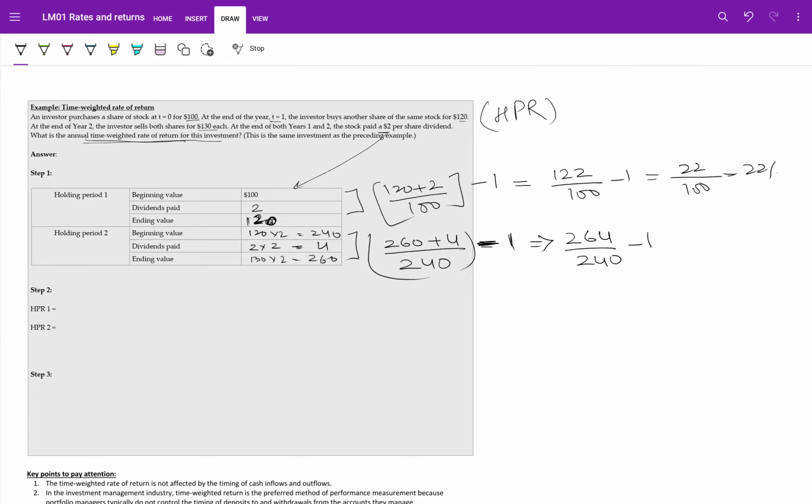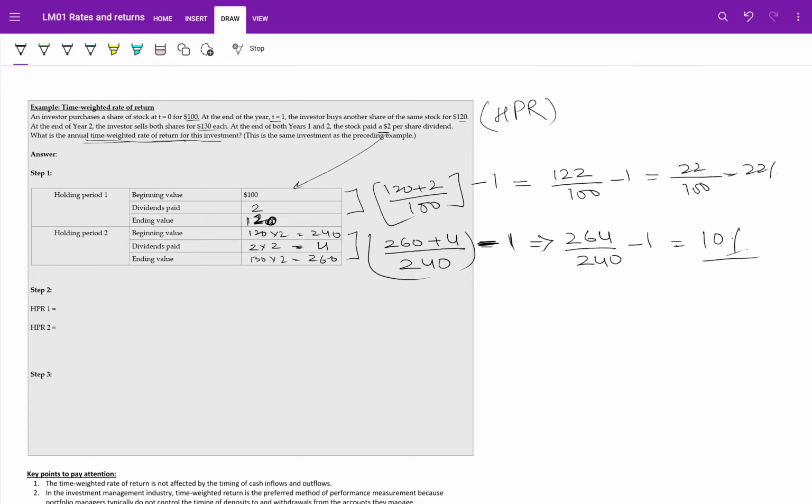Let me just quickly calculate it for you. 260, we subtract 240 out of it, and we divide it again by 240. This is going to give me a holding period return of approximately 10%.